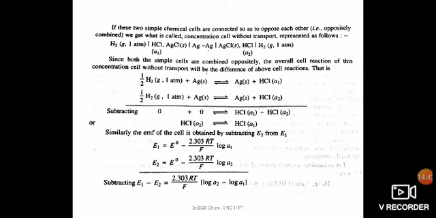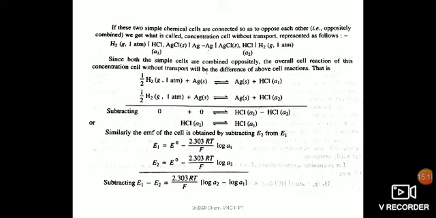Since both the simple cells are combined oppositely, the overall cell reaction of this concentration cell without transport will be the difference of the above cell reactions. Because we are connecting in the opposite direction, we have to take the difference. So we take the difference of these two equations: half H2 gas 1 atmosphere plus Ag solid giving rise to Ag solid plus HCl, this is for equation 1, and half H2 gas 1 atmosphere plus Ag solid giving rise to Ag solid plus HCl, this is for equation 2.